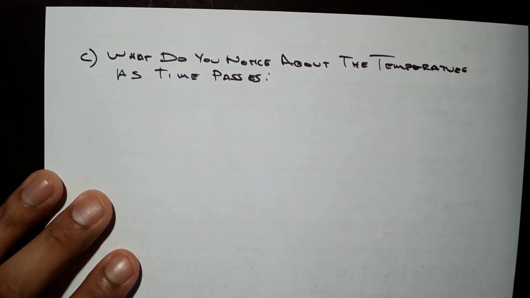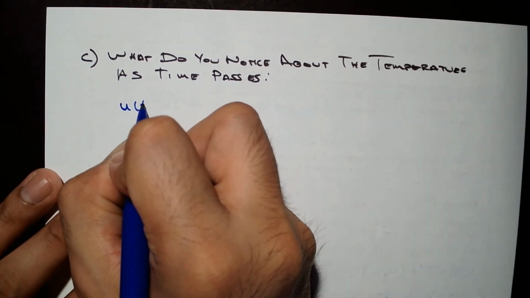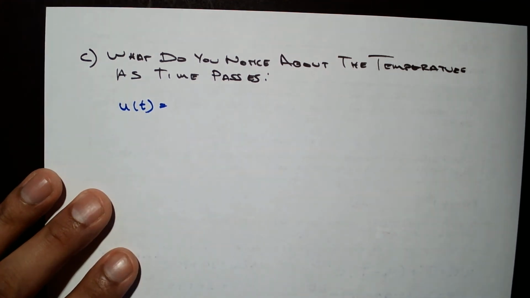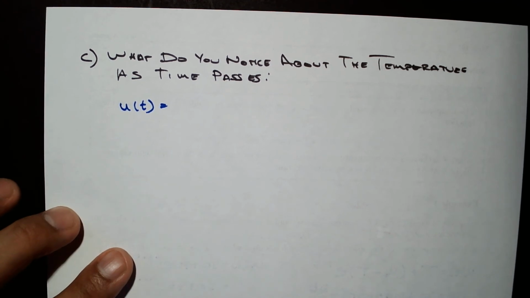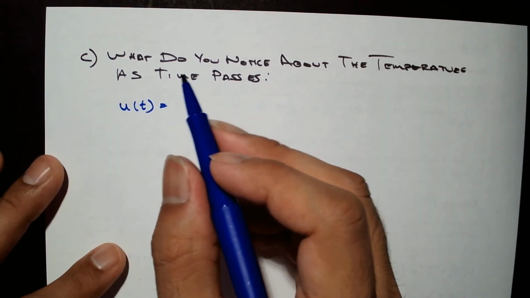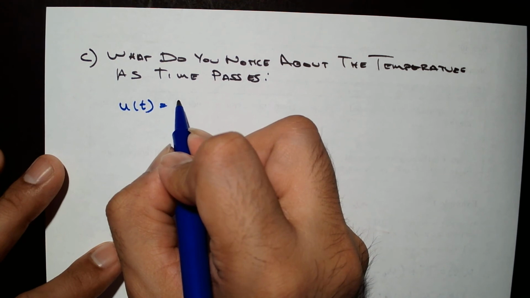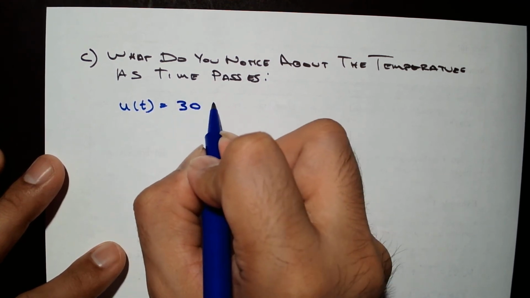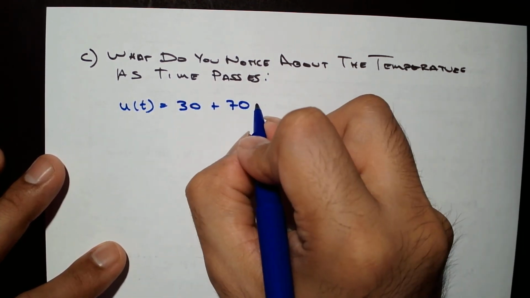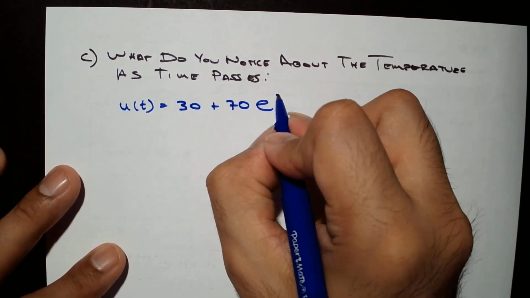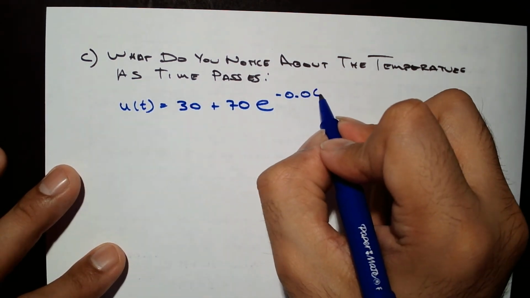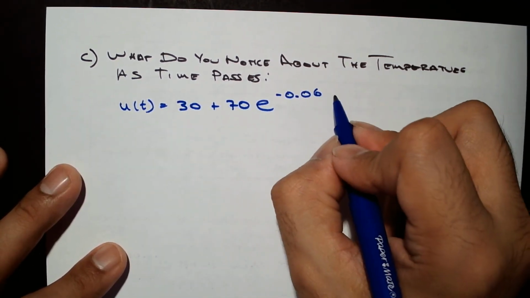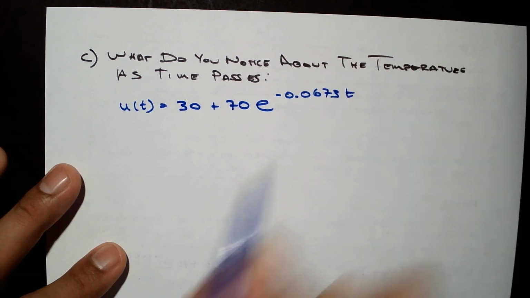So we are going to have the following. Let's do it first the mathematical way, and then we are going to use the context of the situation. So let's see, we have u of t equals 30 plus 70 e to the negative 0.0673t.